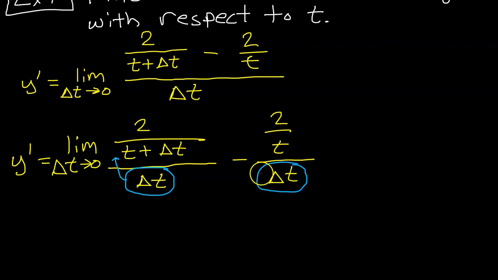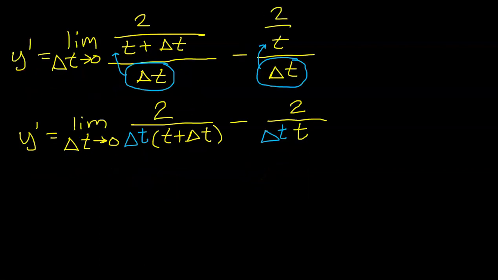This is just going to end up in the denominator next to the t. Okay, there you can see I did exactly what I said I was going to do. I left it here in blue so you could follow where the little delta t's went when I moved them up into those denominators. Now, our strategy will be to try to combine these into one big giant fraction.